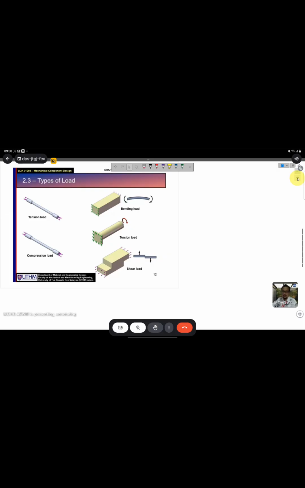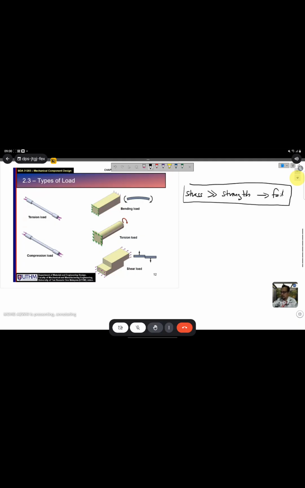If the stress is bigger than the strength, the part will fail. So this is the general theory. We don't want the stress to become bigger than the strength.